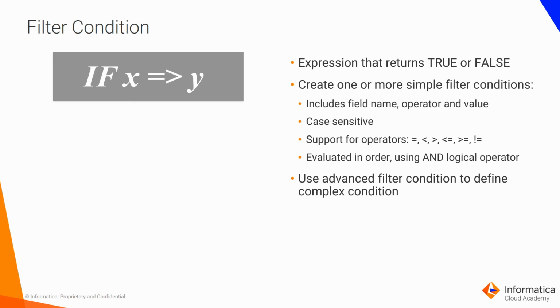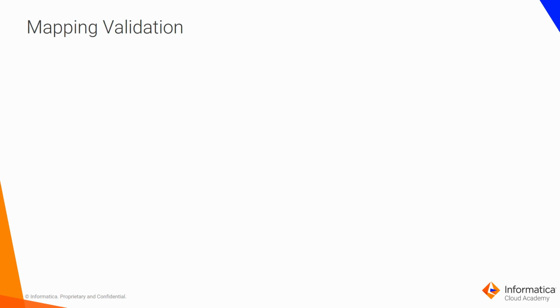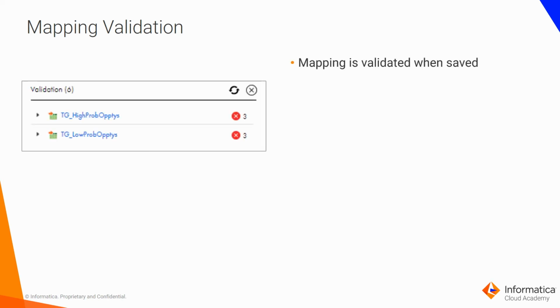When you create a mapping, it's a good idea to validate it. In order for a mapping to be valid, it needs to be complete and data must be able to flow from source to target. It is automatically validated when you save the mapping. After the mapping has been validated, the status is displayed in the upper right-hand corner of the mapping canvas.